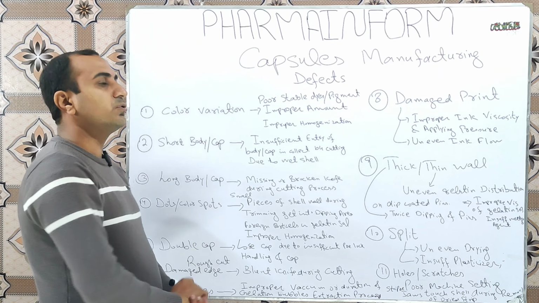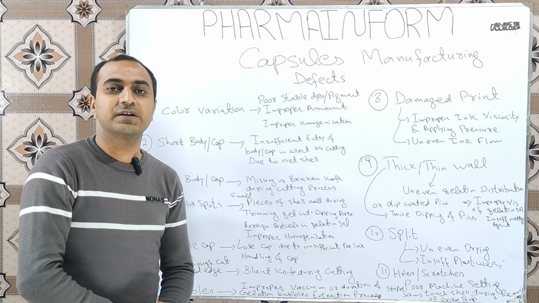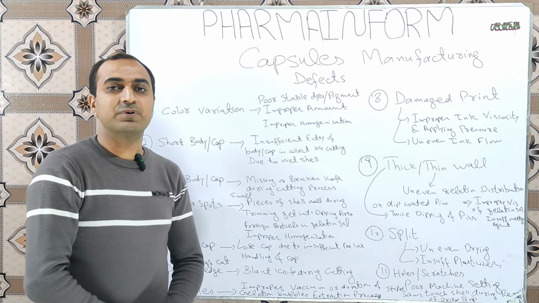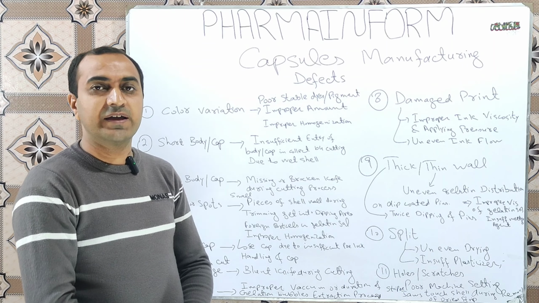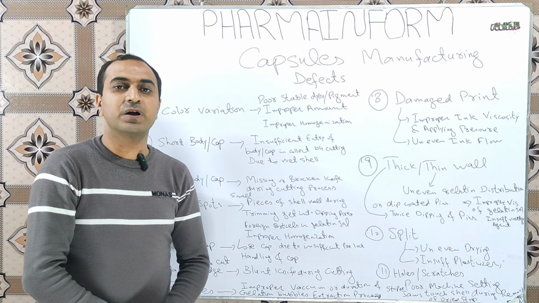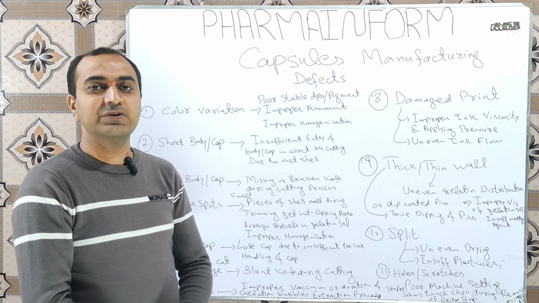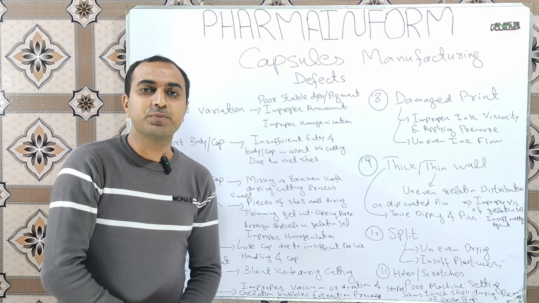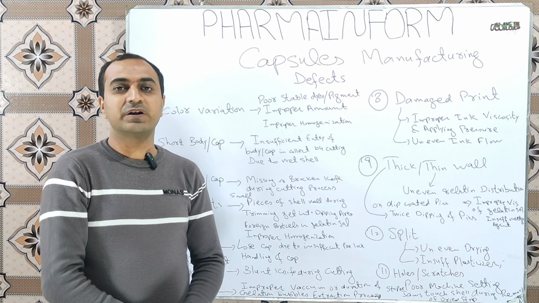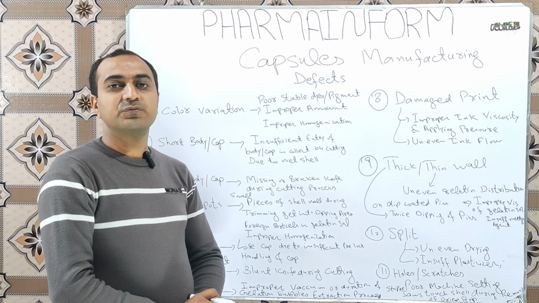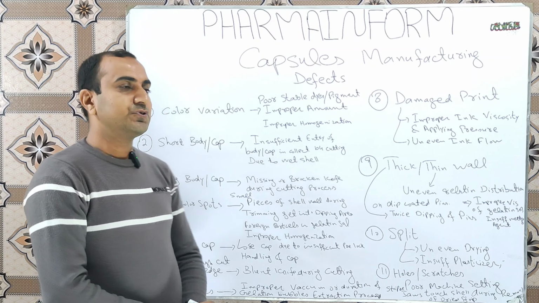Color variation during manufacturing of hard gelatin capsule shells occurs due to the poor or bad stability of the pigment or dyes. Color variation may also occur due to the improper amount of pigment or dye used, and also due to the improper homogenization of the dyes or colors which are used for the manufacturing of these hard gelatin capsule shells.